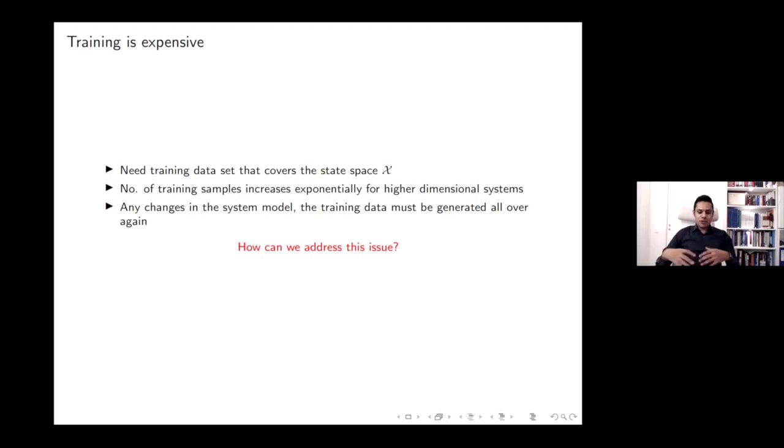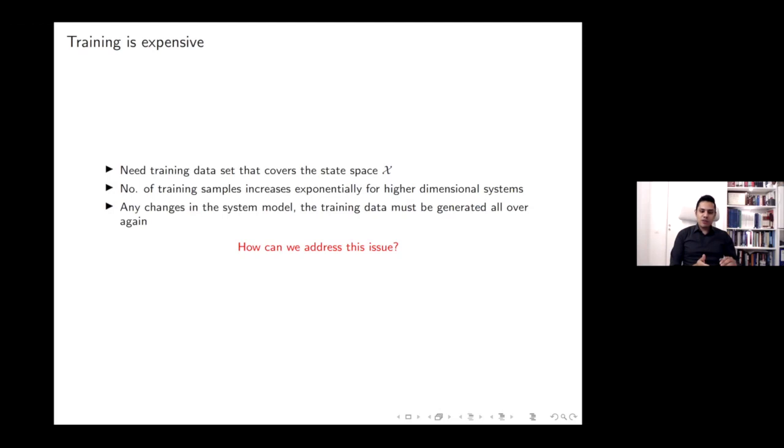Because in order to generate the training data, we need to sample the state space, and for each sample, we need to solve the optimization problem offline. And for higher dimensional systems, the number of samples that you need in order to approximate the MPC policy increases exponentially. And this means that the computational resources that are needed for generating the training data are very high.